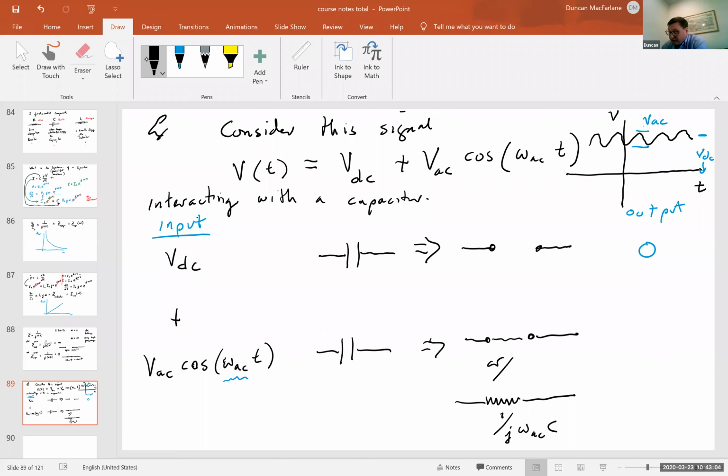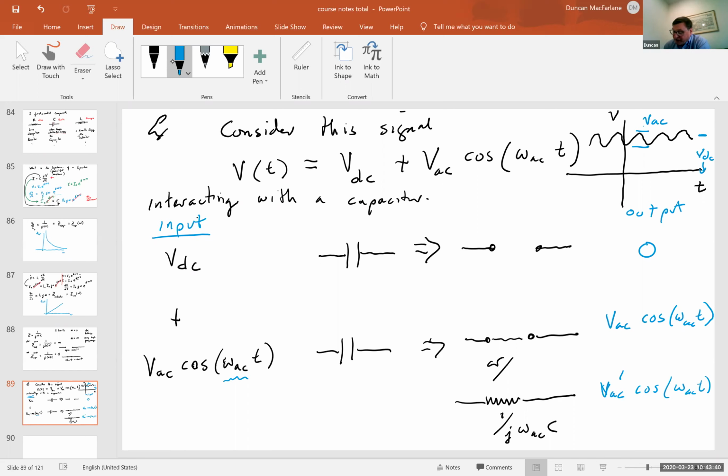And the output will be that coming through in the short, if you're doing a short circuit analysis, or if you're being more careful, it's going to have a voltage that's a little bit lower than what's going through. And I don't want to go through completely what that means.